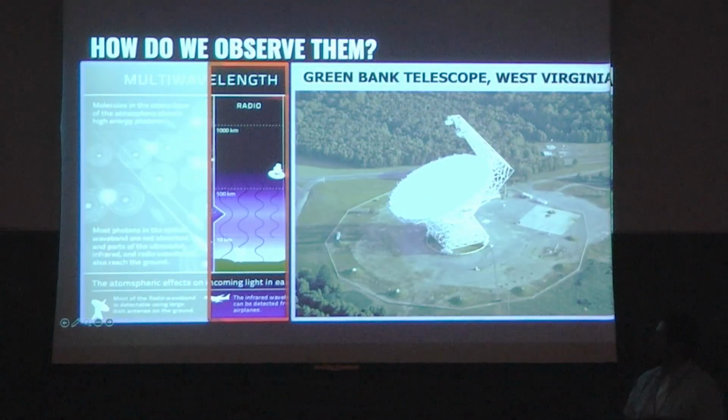Number one, radio. In fact, the first ever pulsar was detected using radio observations. This was by Jocelyn Bell. I forget the year, I think 1967 maybe. Don't quote me on that, I would have to look it up. Jocelyn Bell was a graduate student at the University of Cambridge in the UK. As a graduate student, she was in charge of putting together this experiment, and she noticed something very peculiar in the data that she was taking.